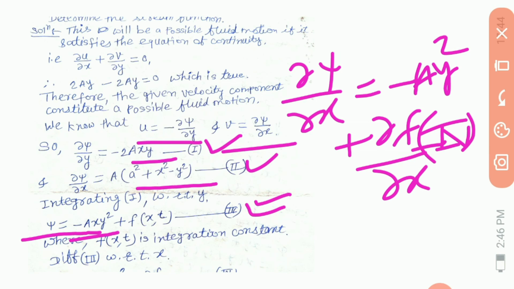Now from second and fourth. What is second? Second is dou psi by dou x is equal to a in bracket x square plus y square minus y square, and 4 is dou psi by dou x is equal to minus a y square plus dou f by dou x. If the left hand sides are the same, so the right hand sides are also the same.